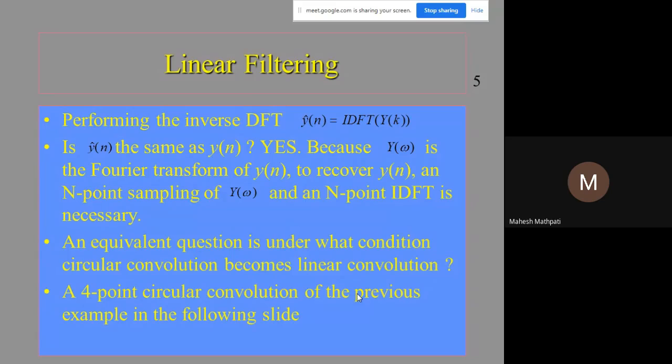The next point you write: is y cap of n the same as y of n? The answer is yes, because Y of omega is the Fourier transform of y of n.